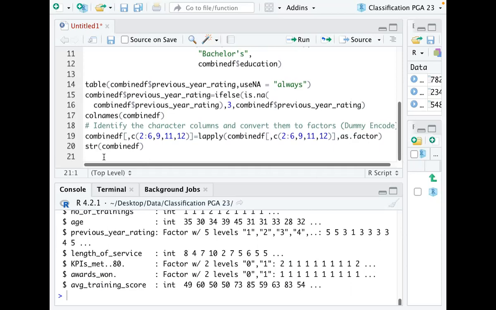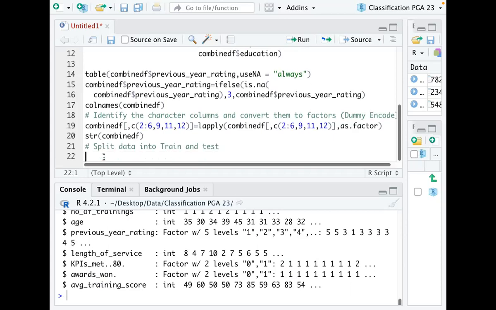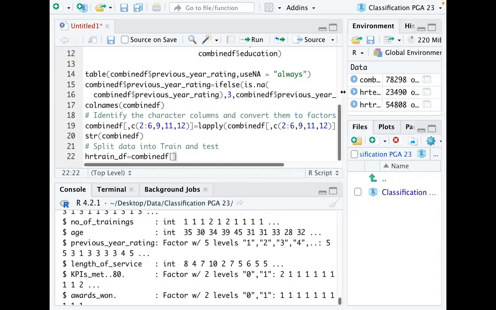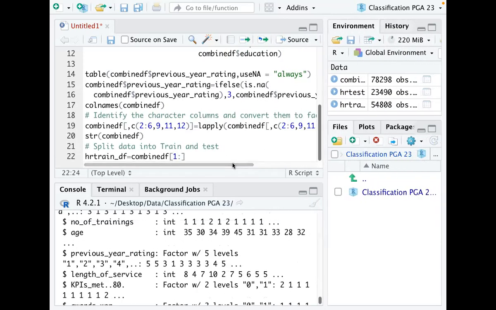Okay. Split data into train and test. HR train underscore df is equal to combined df square bracket 1 colon 54808.